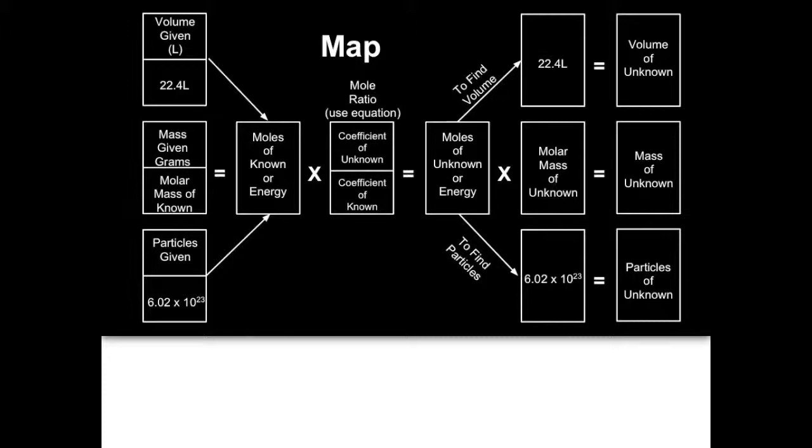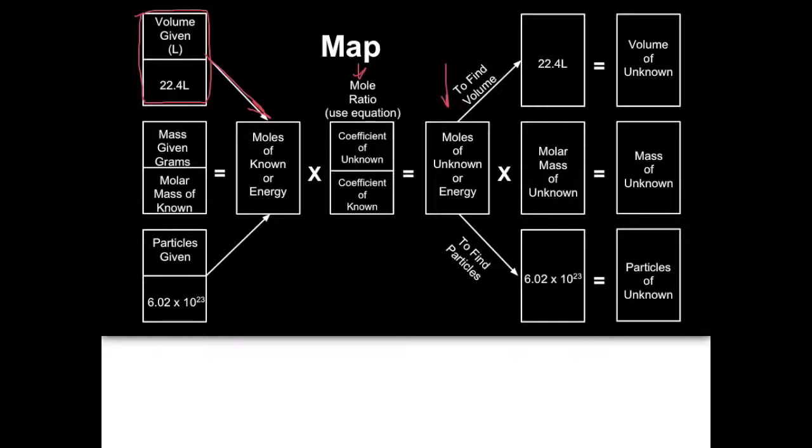So here's what the whole thing looks like. This might be a little confusing, but it sort of gives you all the possibilities in one shot. If you're given volume of a gas, you're going to start up here, and then you're going to convert down to moles, and then go through these middle boxes that are always the same, unless it's energy. That would give you moles of known. You do the mole ratio here, and then you get moles on the other side.